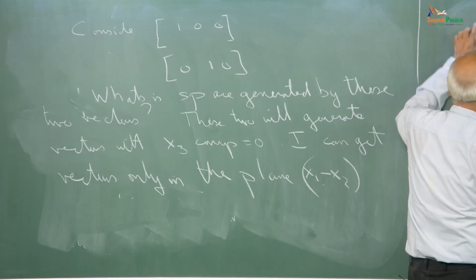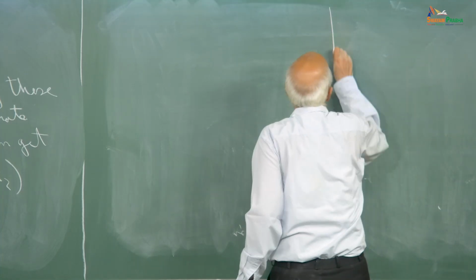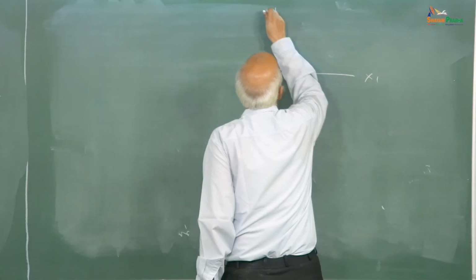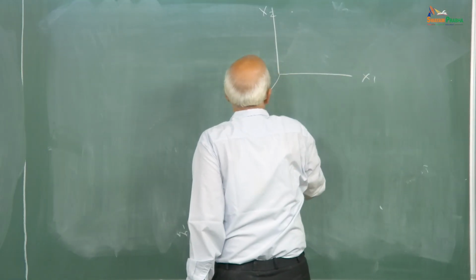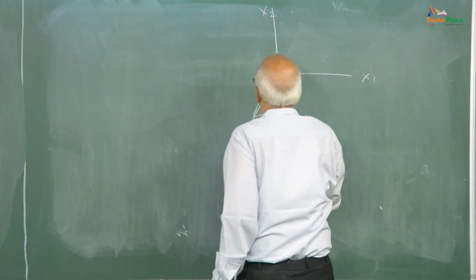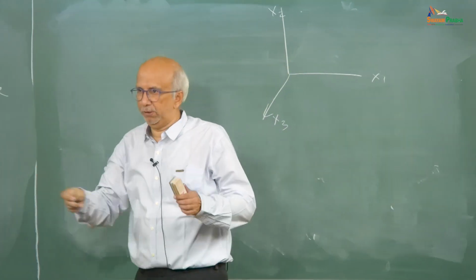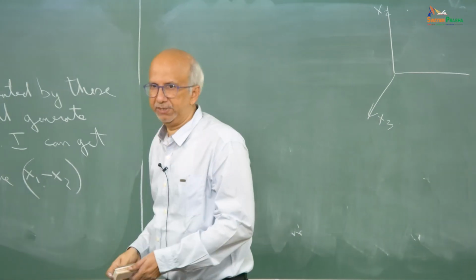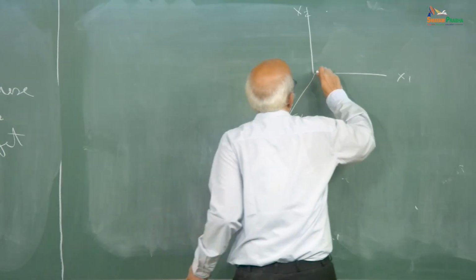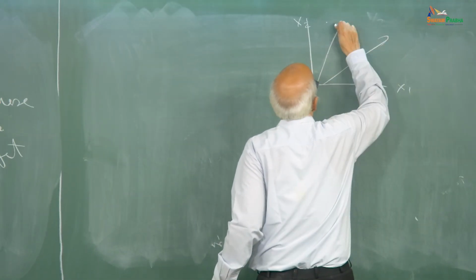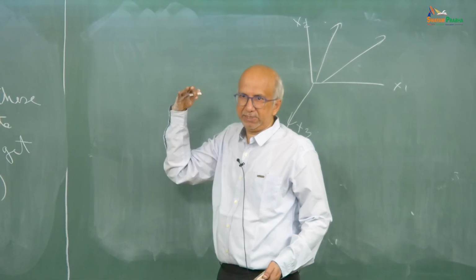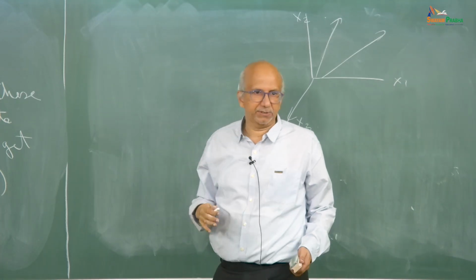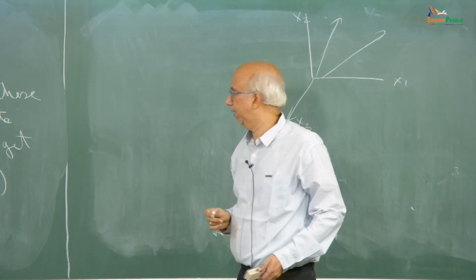So, basically what I am saying, I have x1, x2, x3. If I take those two vectors and do scalar multiples and linear combinations, I will only get vectors in this plane.